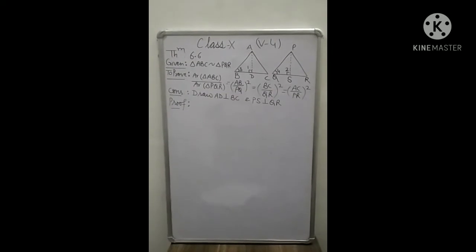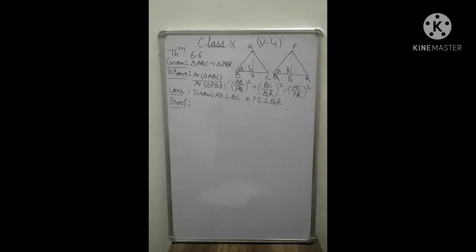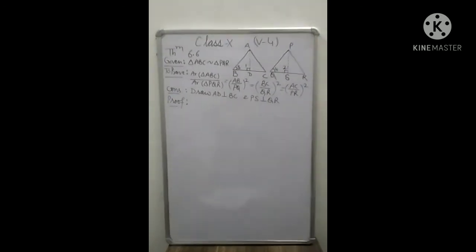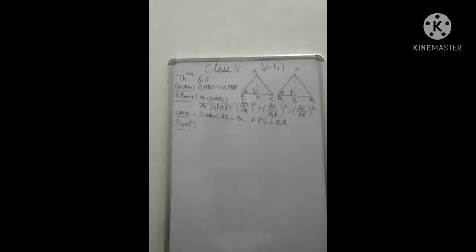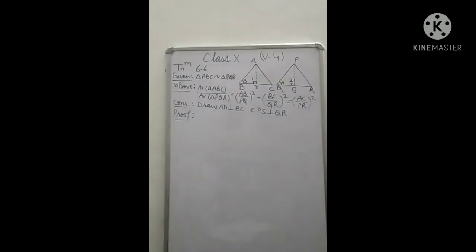Students, today we are going to start the proof of Theorem 6.6. The statement is: the ratio of the areas of two similar triangles is equal to the ratio of the squares of their corresponding sides.